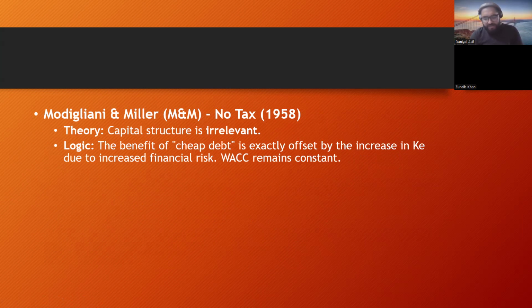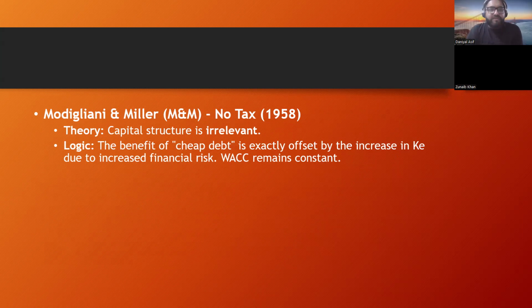Investors are rational and cost of equity is directly proportional to increase in gearing. The increasing cost of equity exactly offsets the benefit of the cheaper debt, and the WACC remains the same, so the company can keep an average mix of debt and equity.